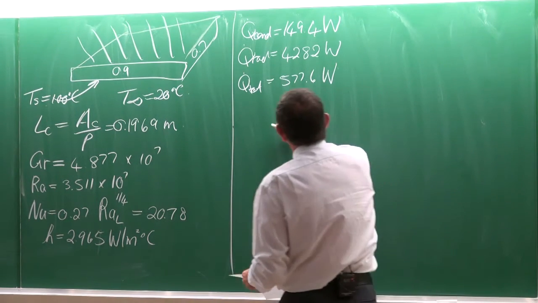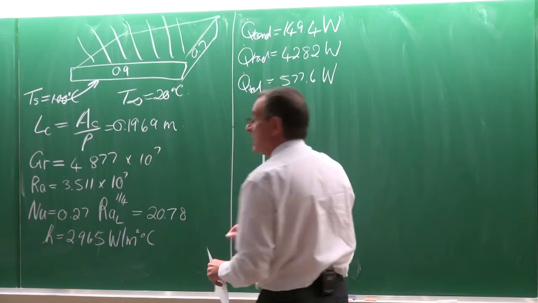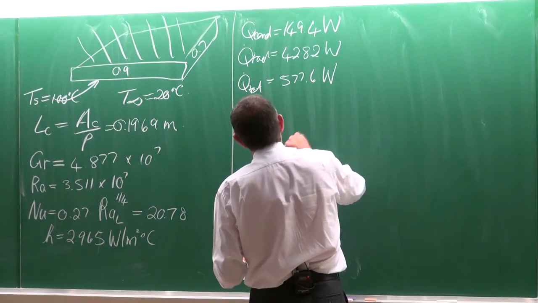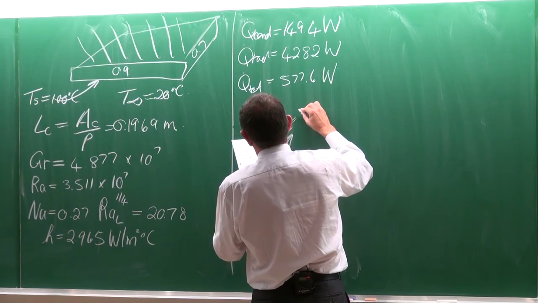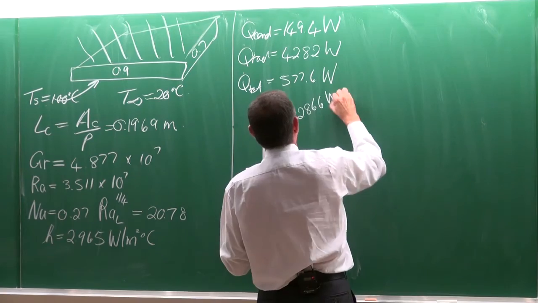So if we look at the three cases, and we only look at the convection heat transfer rate, then for the vertical plate, the convection was 286.6 watts.